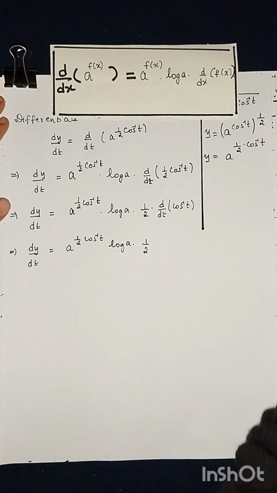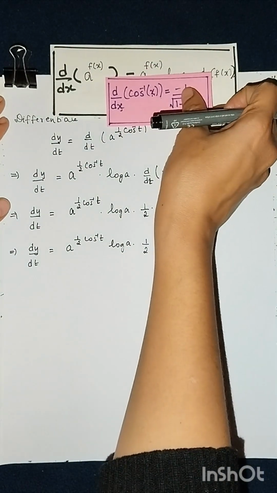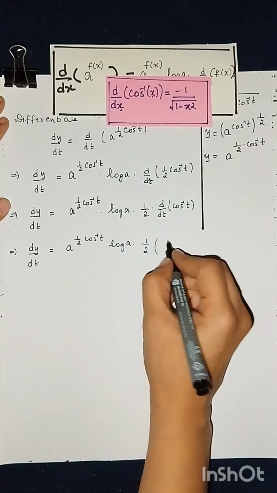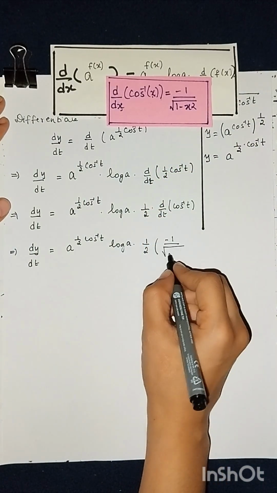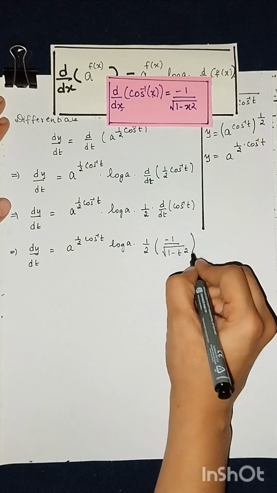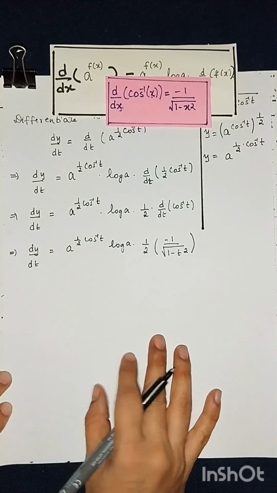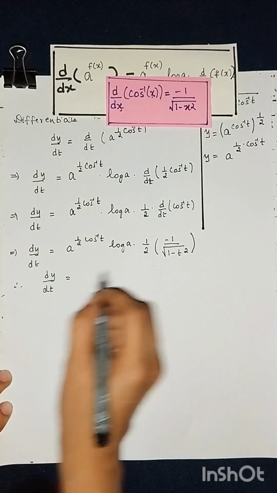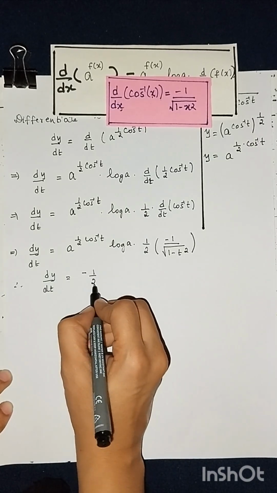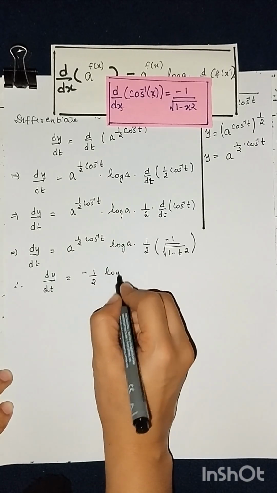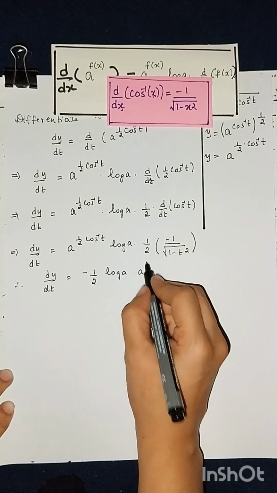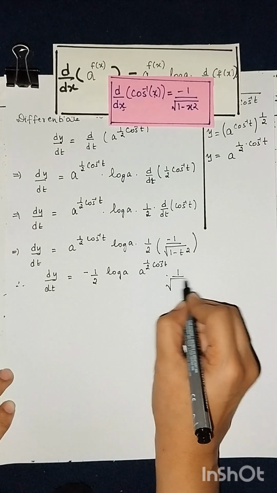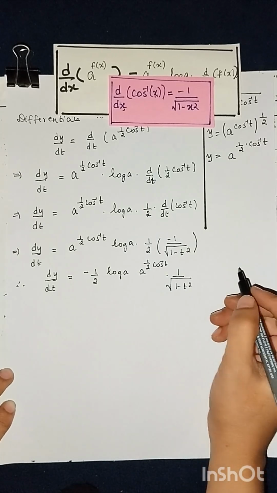So the derivative of cos inverse function is minus 1 by square root of 1 minus x square, but we will write minus 1 by square root of 1 minus t square. So therefore dy by dt is, so we will write minus 1 by 2 log a to the power 1 by 2 cos inverse t, 1 by square root of 1 minus t square.